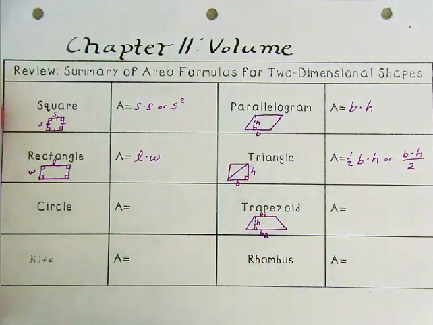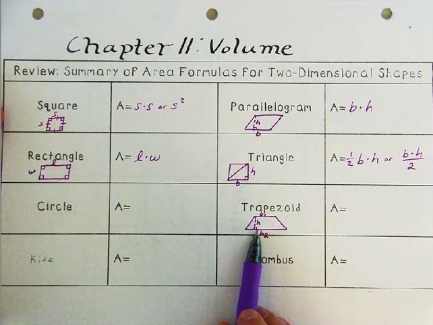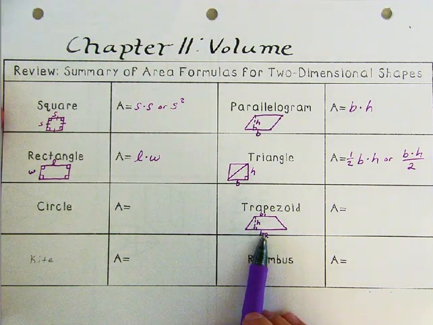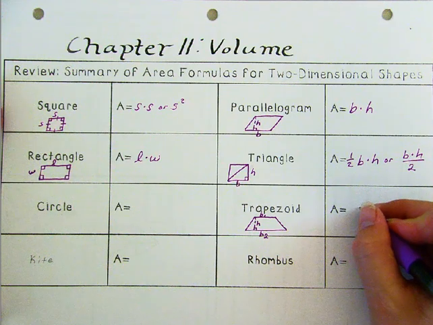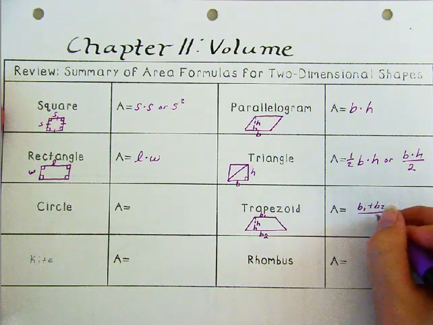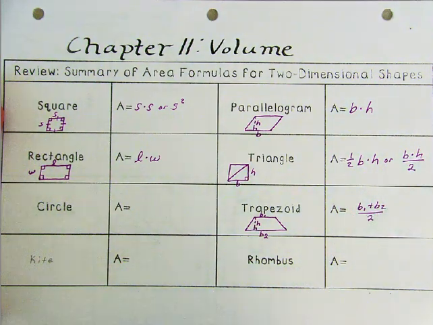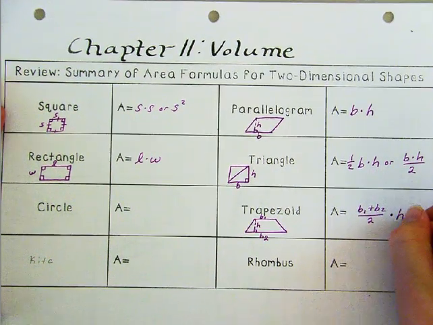The reason why we call those base 1 and base 2 is because they're different lengths. So we need to find the average of those two bases. And to find the average, we're going to add them together and divide by 2. So we're going to take base 1 plus base 2 divided by 2. So that's finding the average of those two bases. And then we're going to multiply that by the height.